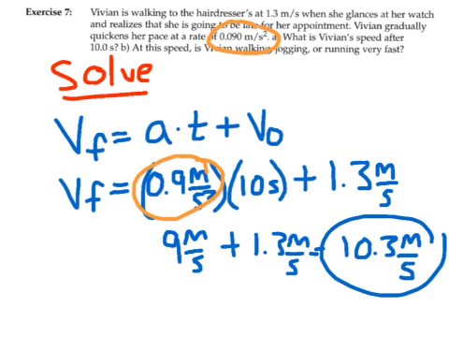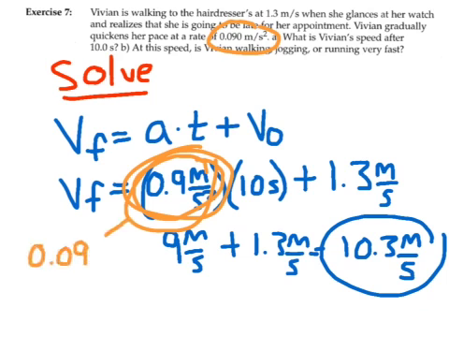So what do we do? We just plug everything in again. This value was wrong. It's 0.09. 0.09 times 10 is not 9, it is 0.9 meters per second plus 1.3 meters per second.